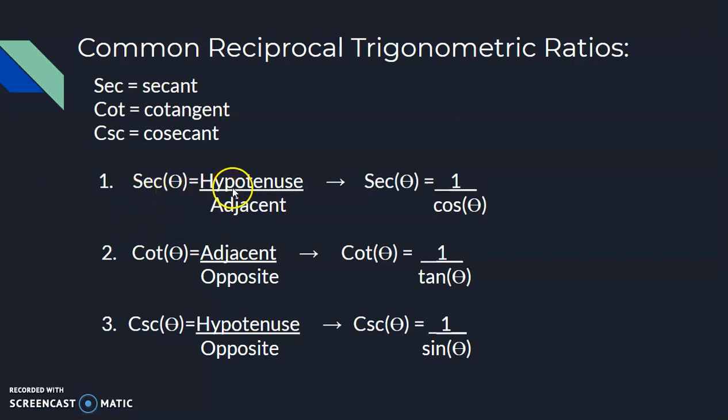Secant of theta is equal to the hypotenuse over adjacent side, which is also the inverse of cosine, which is 1 over cosine. The second one is cotangent, which is equal to the adjacent over the opposite, which is also the inverse of tangent, written as 1 over tangent. The third one is cosecant, which is the hypotenuse over the opposite side, which is the inverse of sine, which is written as 1 over sine of theta.